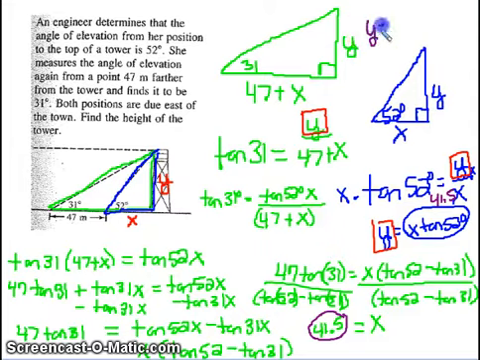So y is going to equal 41.5 times the tangent of 52. And I'm going to work that out. 41.5 times the tangent of 52 is going to be approximately 53 feet.